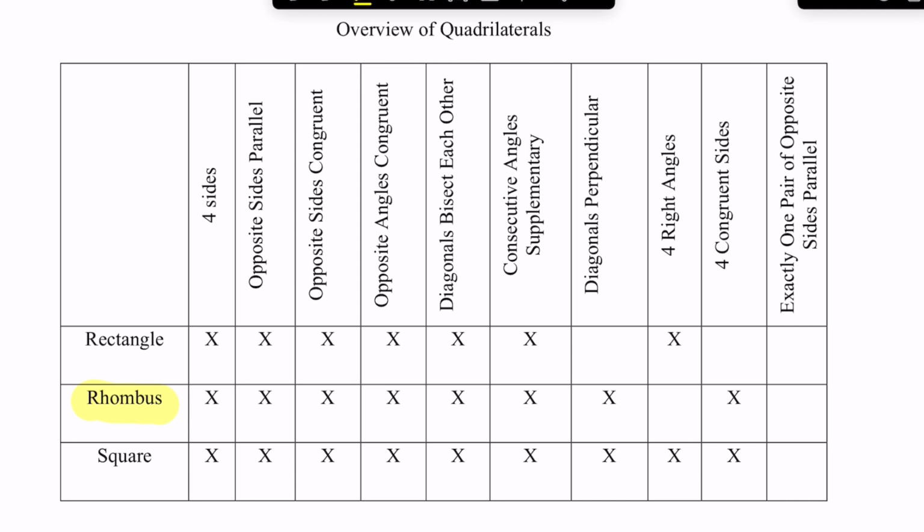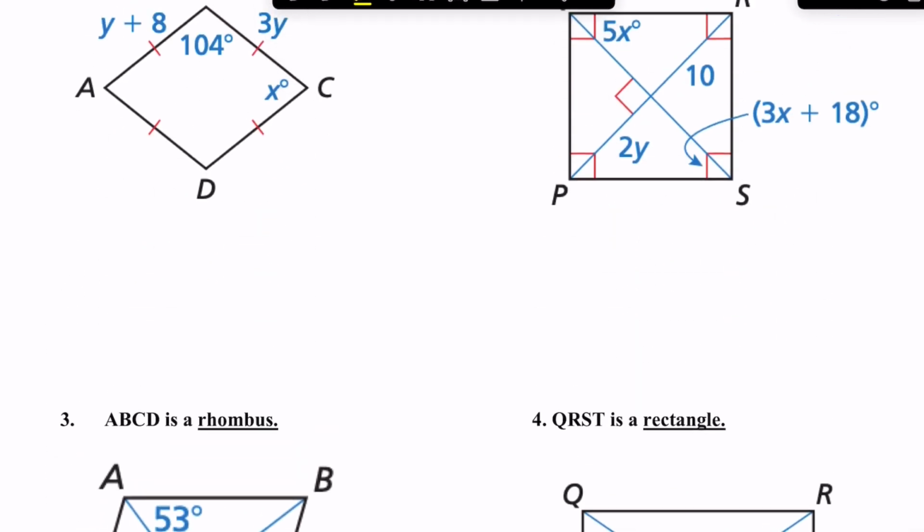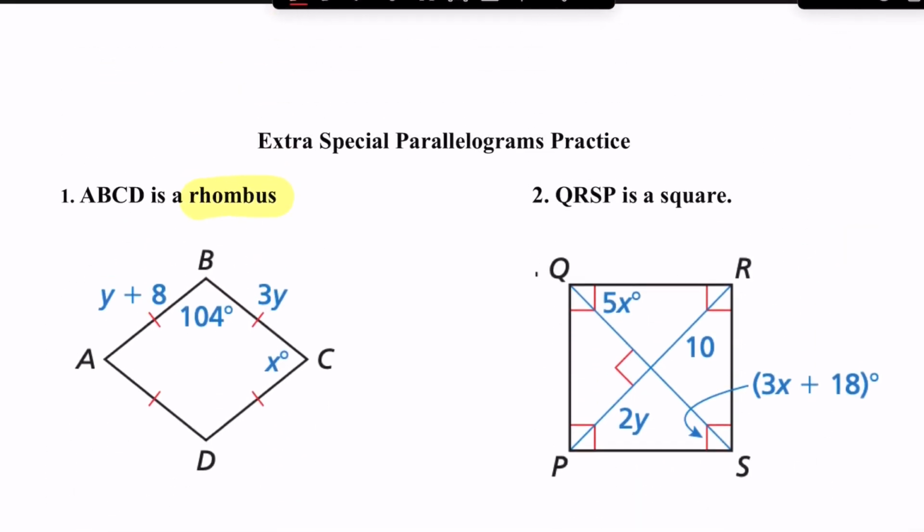angles are supplementary. So looking at my rhombus, if I want to find out what x is, I know that 104 degrees and the x are consecutive angles because they are right next to each other. And according to my chart, in a rhombus, the consecutive angles are supplementary because they're same side interior.